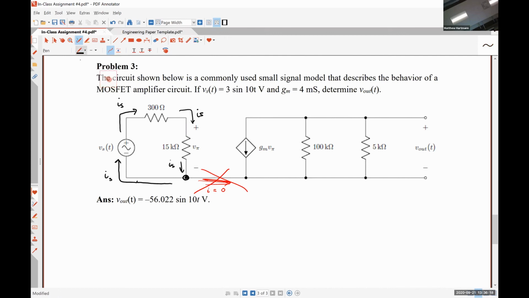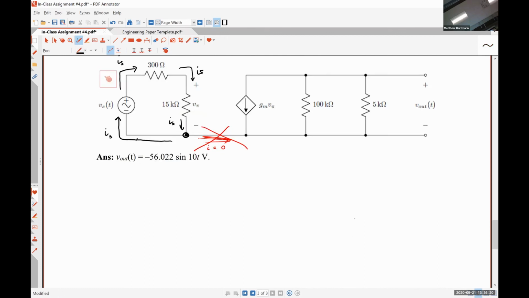So with that in mind, I can say that V pi is equal to my source voltage, which is 3 sine 10t volts, multiplied by the resistance ratio.